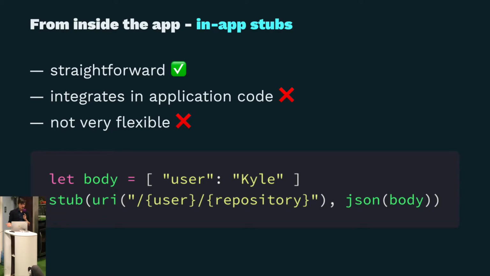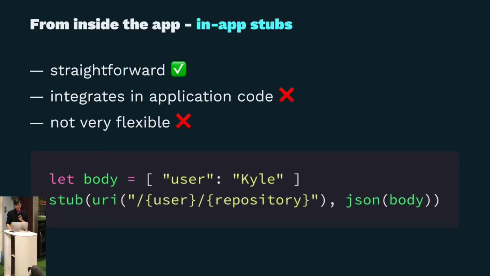When you're doing it from inside the app, it's basically the same way as you would do it in unit tests. You have the network, you have these stubs. Again, the most popular approach is probably, well, I don't know what is more popular, dependency injection or URL protocol, but I think URL protocols require fewer changes in your legacy code.